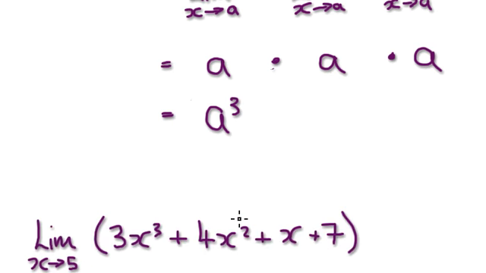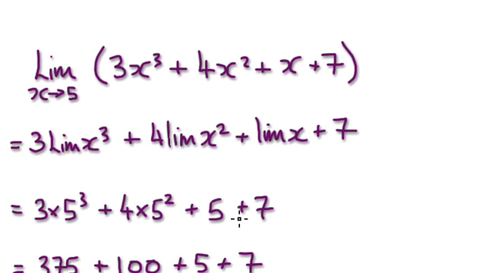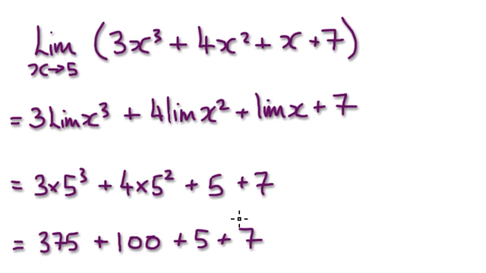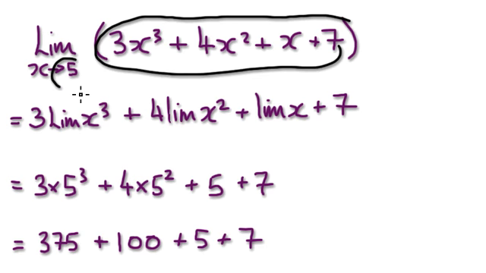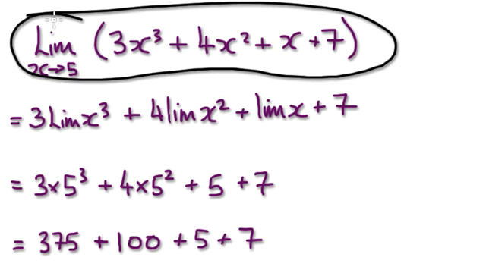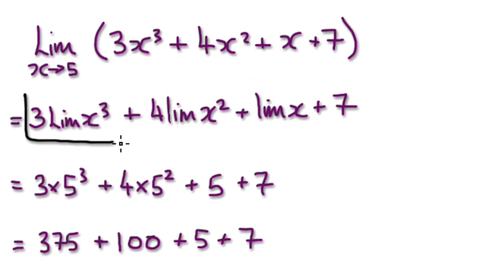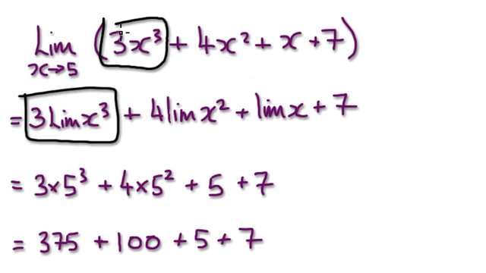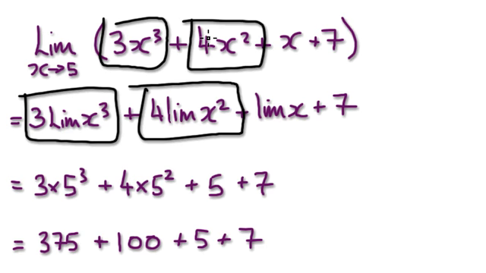So when you're given a polynomial like this, as x approaches, let's just say it's 5, you can visualize this whole thing as the limit of this bit, plus the limit of this part, plus the limit of this.